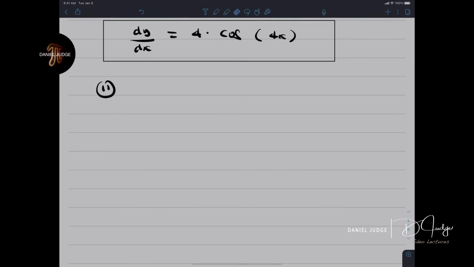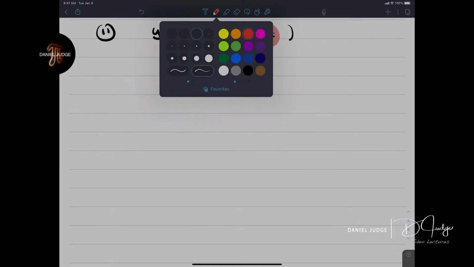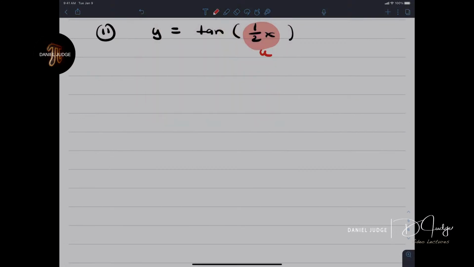Number 11. Y equals tangent of 1/2 x. This is my u. Right? So we'll let u be the inside function, the input function.